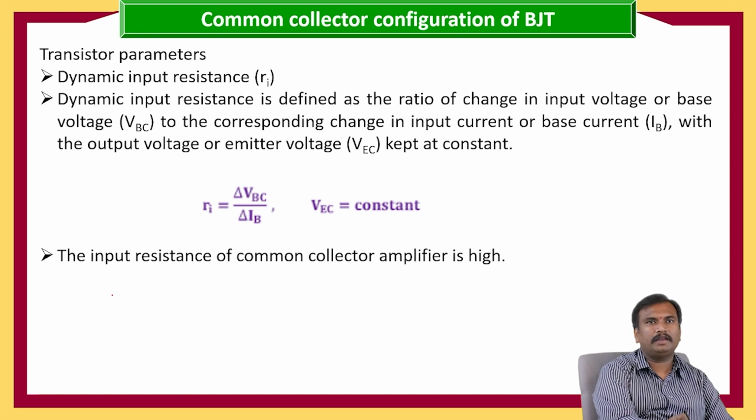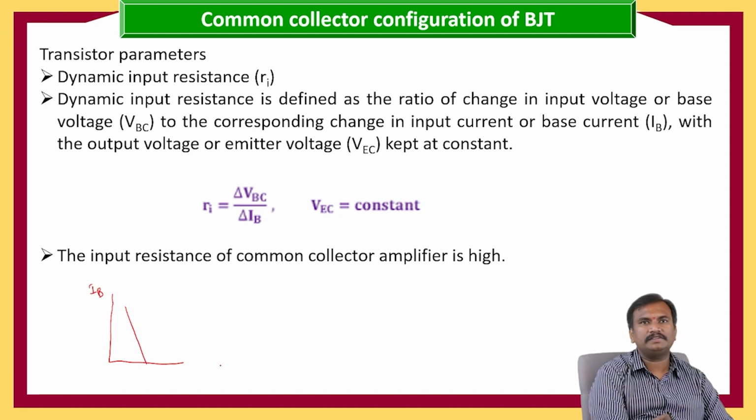Here, if we take the graph, it is like this. We have the graph between the base current versus the base to collector voltage.